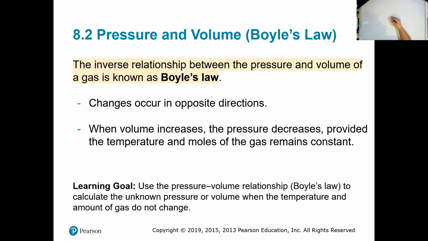Our simple gas laws are a set of relationships that connect two gas properties to each other. That connection is true as long as the other gas properties are held constant. For example, Boyle's law, our first one here, shows us the inverse relationship between pressure and volume.